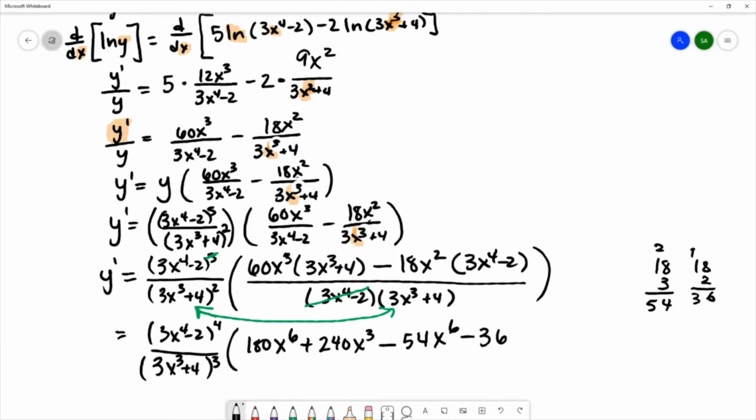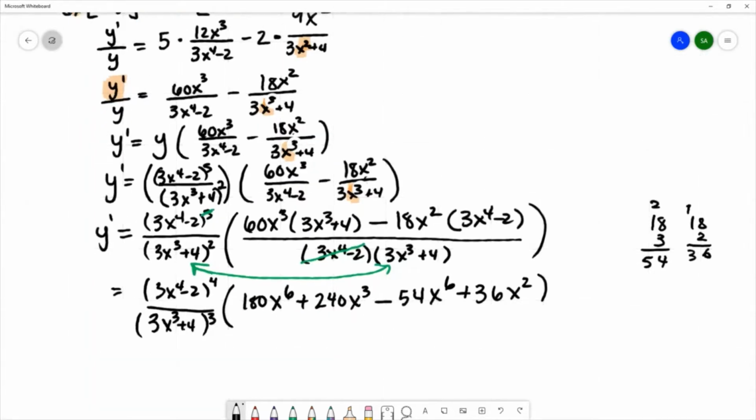Now that's plus 36x squared. And then we have a few like terms that we can combine.